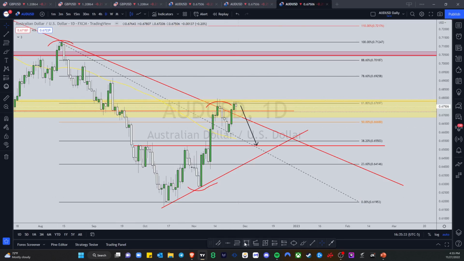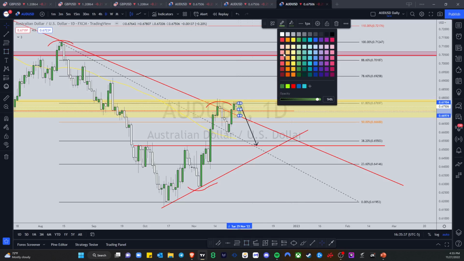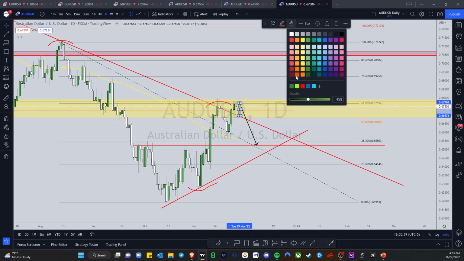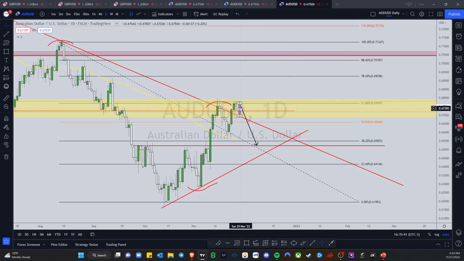We need to see at least the candle close bearish, all the way, and form a bearish engulfing for us to confirm that this area was rejected and we should be expecting the price to continue going down.